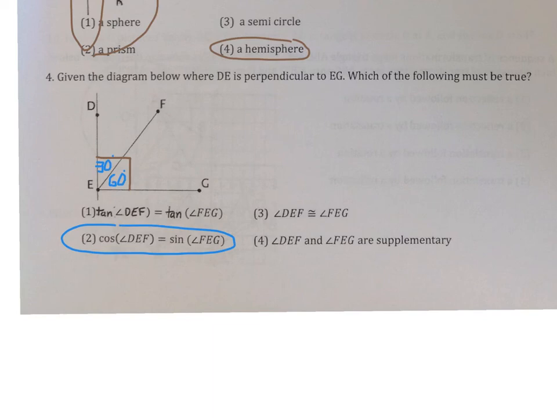And it would be choice number 2. If you plug both of those into the calculator, you'd find out that the cosine of DEF is identical to the sine of FEG. When 2 angles add up to make 90 degrees, when they are complementary, the sine of one will equal the cosine of the other.